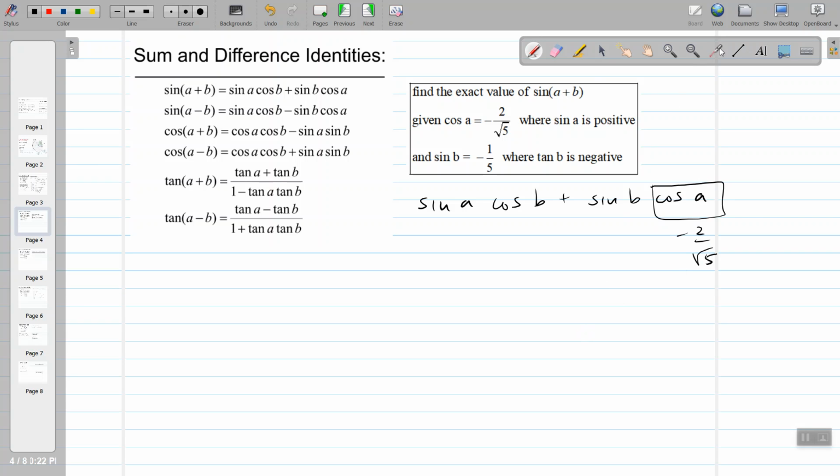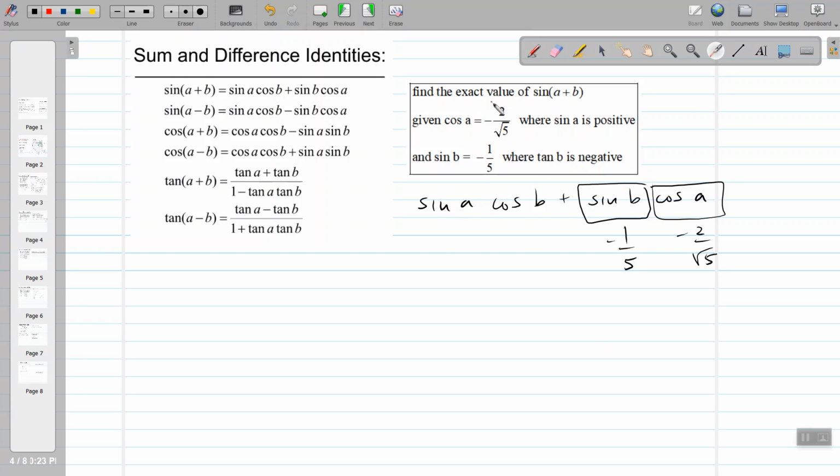Likewise, it tells me that sine B is going to be -1 over 5, which is also helpful because I can fill it in over here. However, it does not give me any direct information about these guys, but based on what it tells me over here, I should be able to figure out what this is if I remember how to draw the triangles.